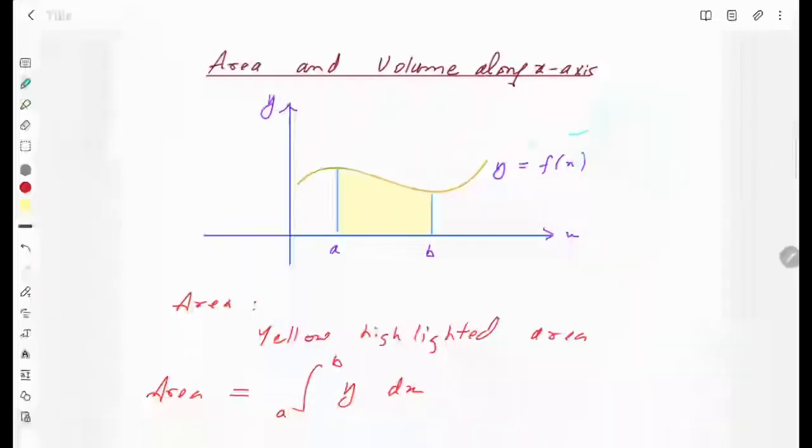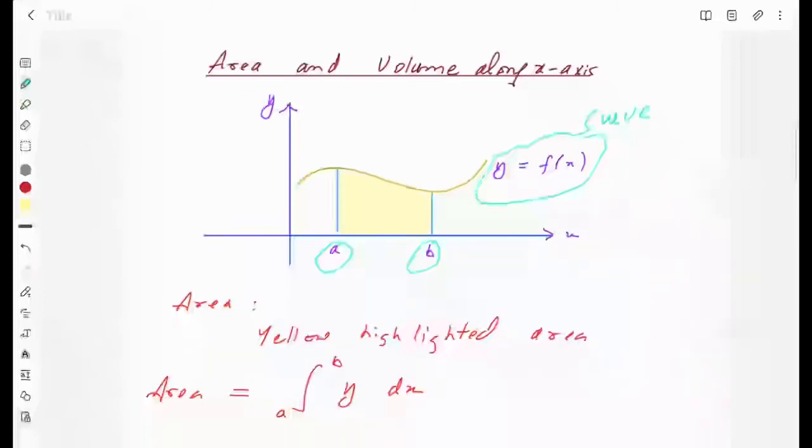Suppose I have a curve y equals to f(x), and I'm integrating it for the limits a and b on x-axis. Then on integrating the curve for the limit a and b, I get the area between the curve and x-axis. That is the yellow highlighted area.